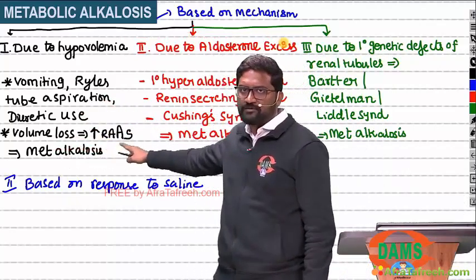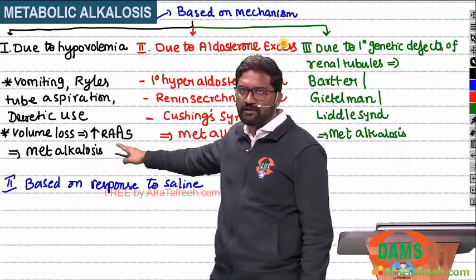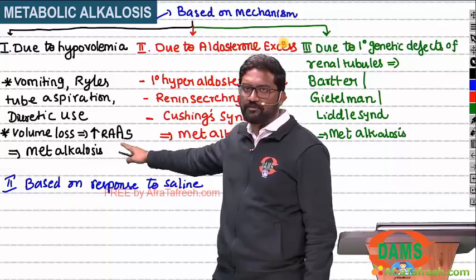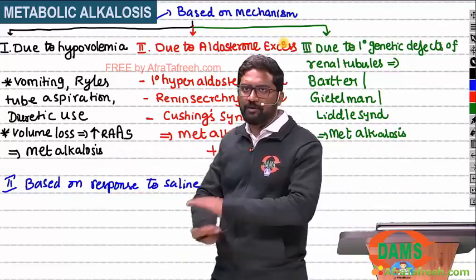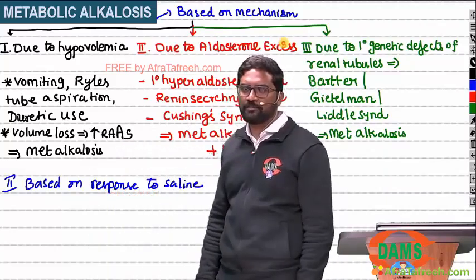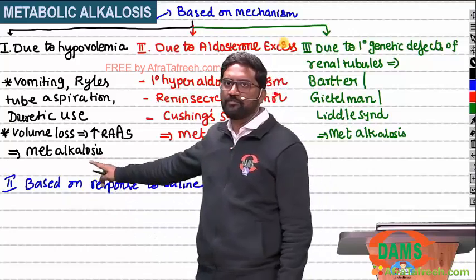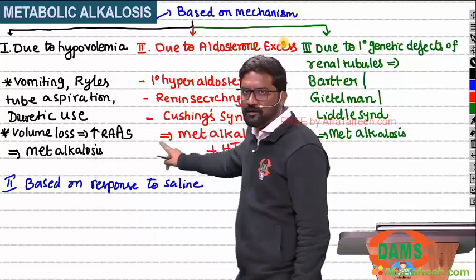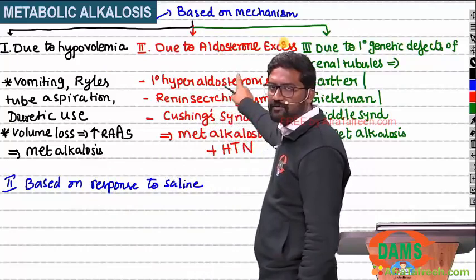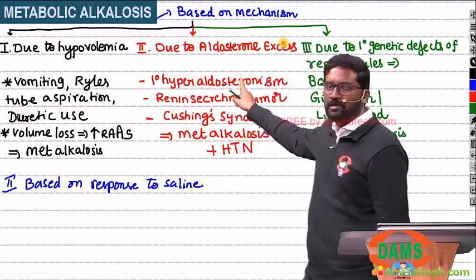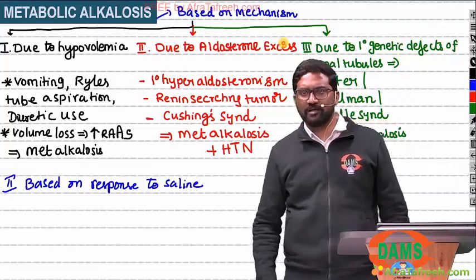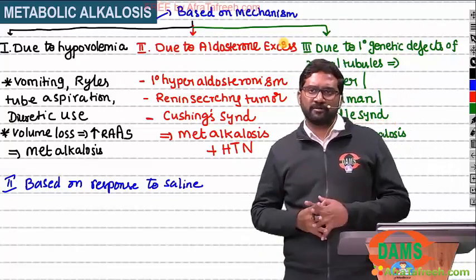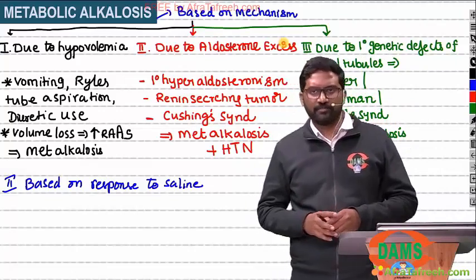Now if aldosterone is acting excessively, and when the BP comes back to near normal, automatically by negative feedback mechanism, aldosterone activity will stop. So there is no scope of hypertension here. But whatever aldosterone activity is happening in category 2, it is unnecessary. Because of unnecessary aldosterone activity, a lot of sodium and water is reabsorbed, resulting in hypertension.